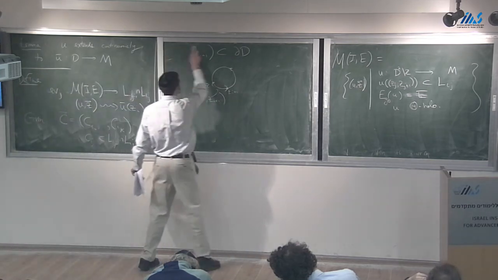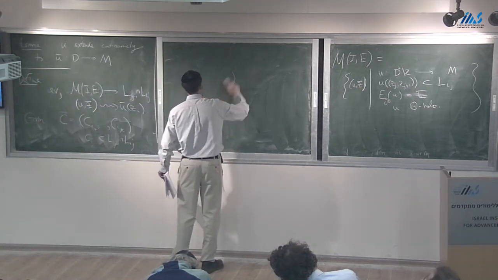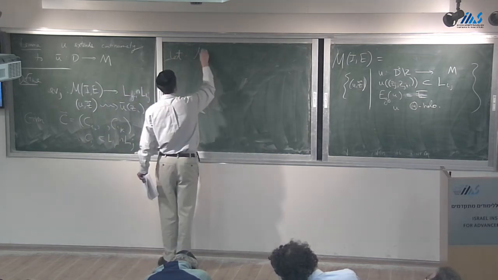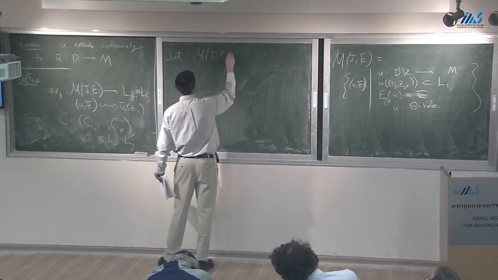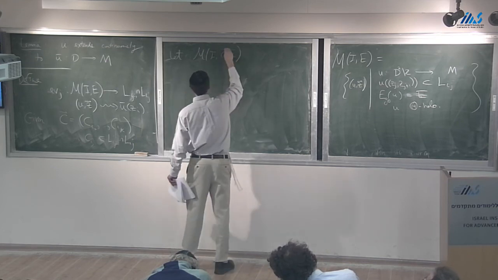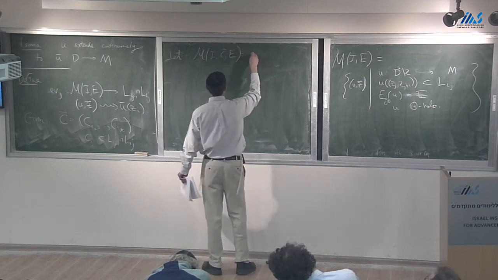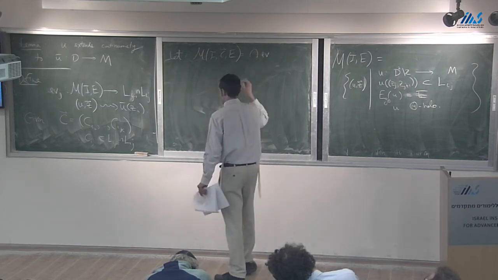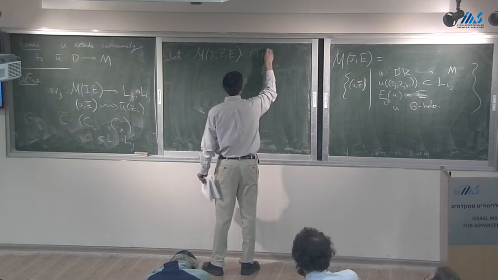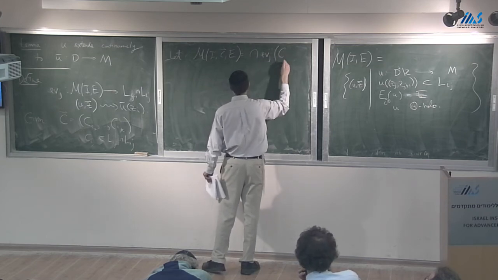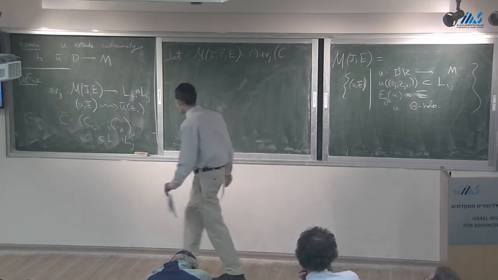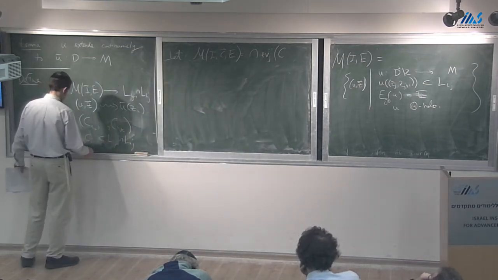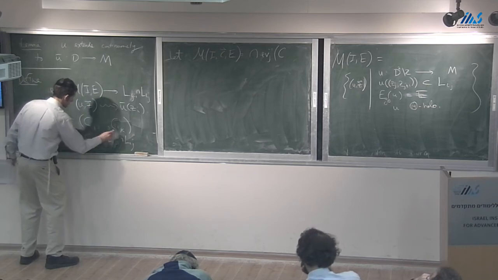We can define just M_{I,E,C} is equal to the intersection of ev_j inverse of C. I should have said C. Well, I should have said just C_1 up to C_k.